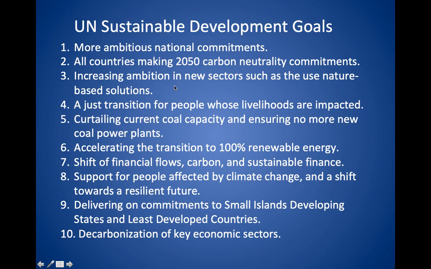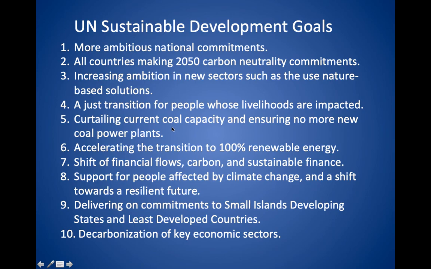Also, look at new sectors such as what they call nature-based solutions to problems. Let's see, fourth is to have a just transition, you know, just meaning fair, a fair transition for people whose livelihoods are impacted.